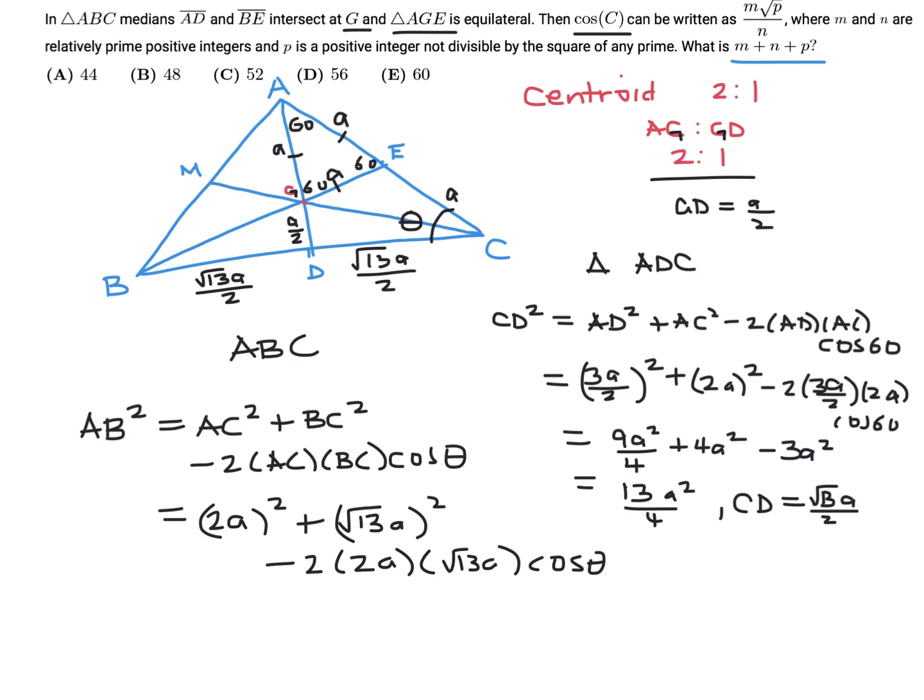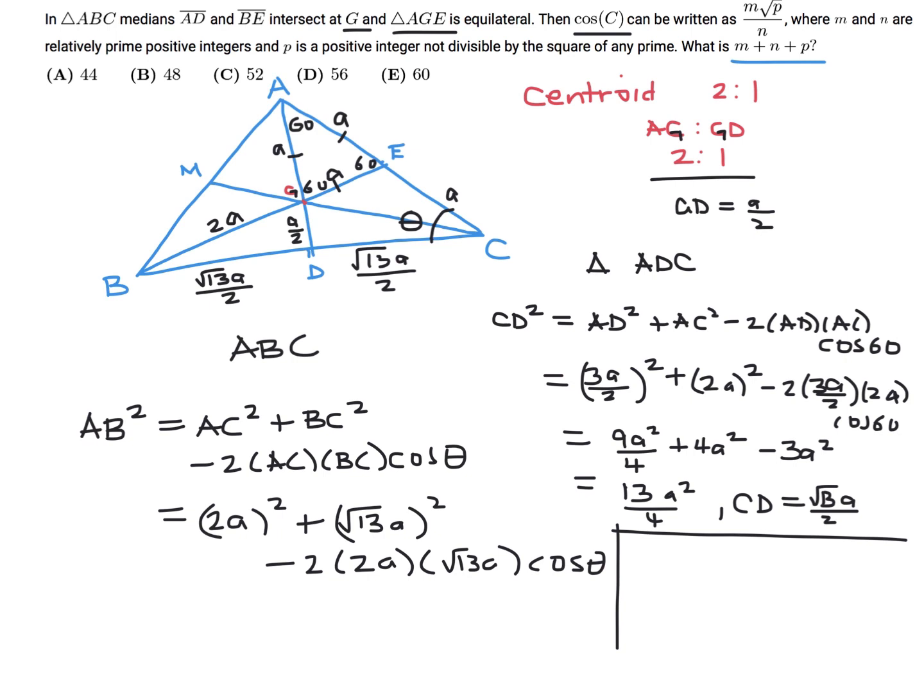All right, I think we also needed to figure out AB, right? Yeah, in terms of A at least. Okay, well, AB, we can figure that out pretty quickly using the cosine law again, but I'm trying to figure out which triangle. This centroid from B to E would mean that B to G is 2A.